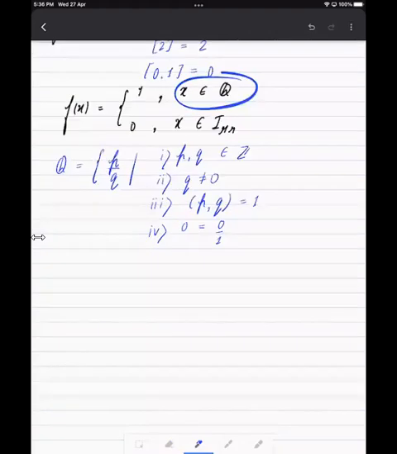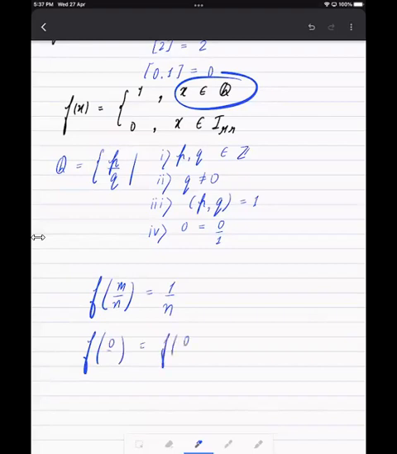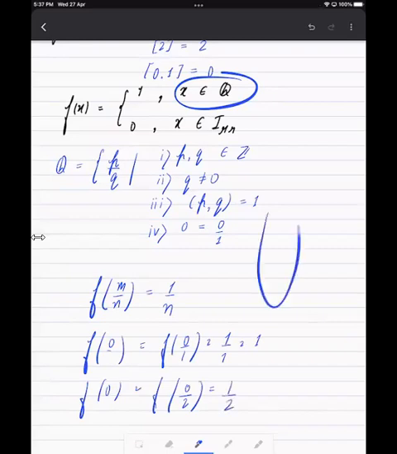Because see, if I take P by Q as 1 by n, is that a function? But f of 0 is f of 0 by 1, which is 1 by 1, which is 1. But f of 0 is also f of 0 by 2, which in that case will be 1 by 2. So the function is taking 0 to two points, 1 and 1 by 2, which is definitely not a function.